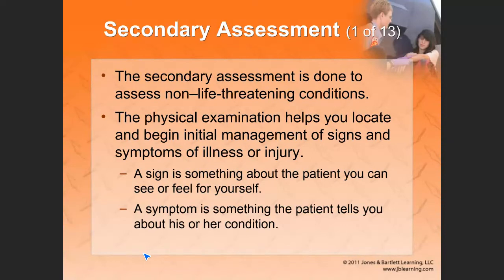The physical examination helps you to locate and begin initial management of signs and symptoms of illnesses or injuries. A sign is something about the patient you can see or feel for yourself. A symptom is something the patient tells you about his or her condition.